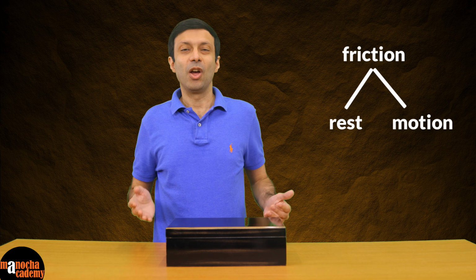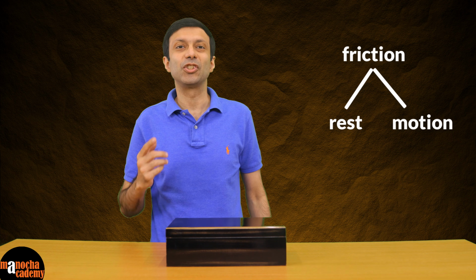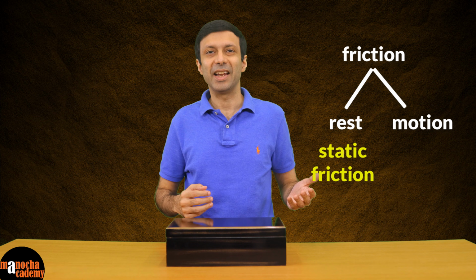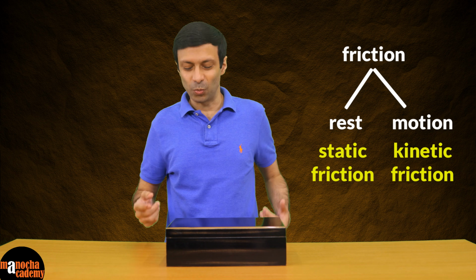As we discussed, friction force can be there when the body is at rest and when the body is in motion. When the body is at rest, it is called static friction. And when the body is in motion, it is called kinetic friction. Let's analyze this with our box example. When I apply a small force on the box, there is a tendency of the box to move, but the box does not move.